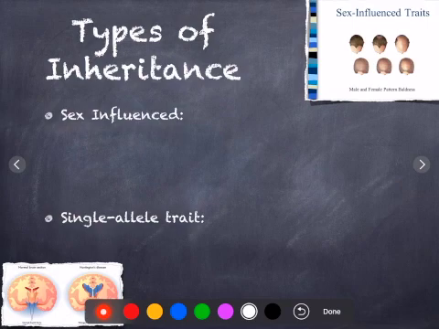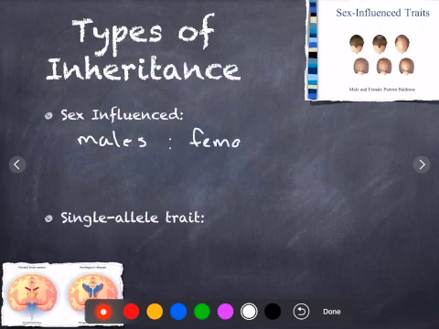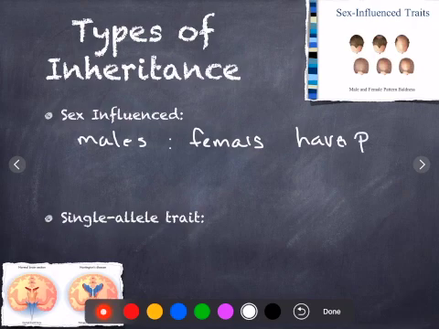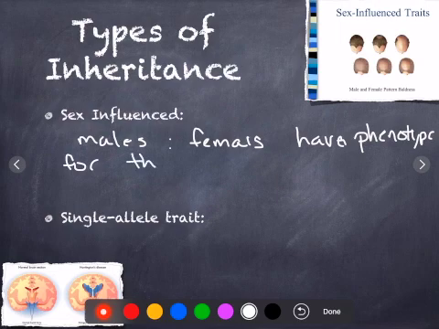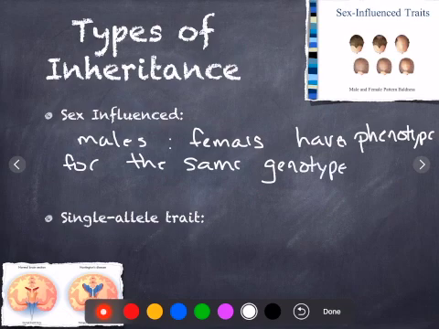Now sex influence traits are when males and females have different phenotypes for the same genotype. Okay? Now in this case, it's male pattern baldness.